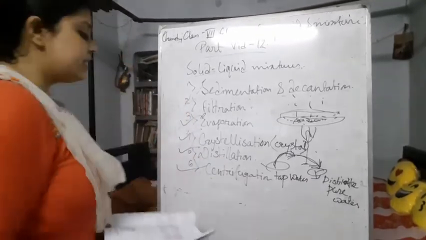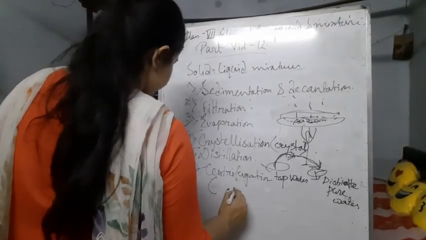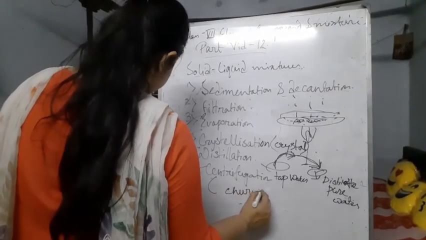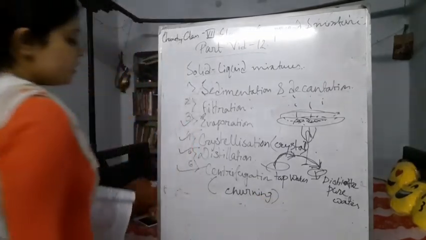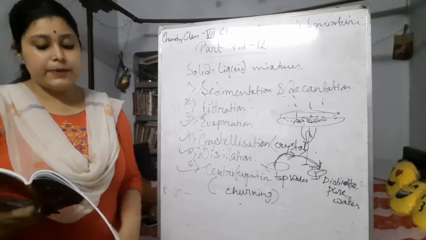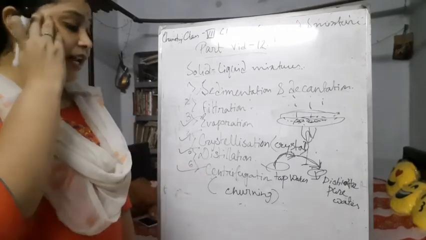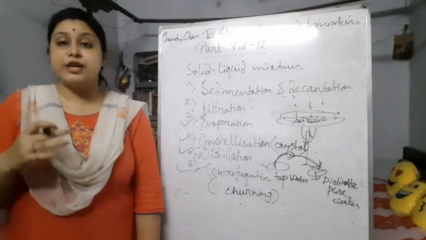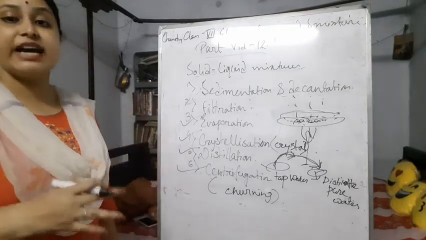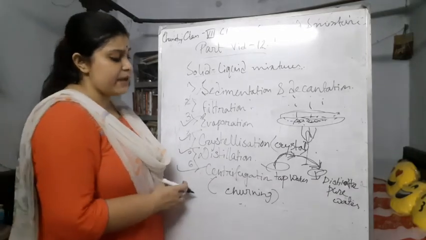So the other name of centrifugation is churning. This procedure is used to separate the components of a mixture which differ in density. When the particles of a mixture are different density-wise, only then can we centrifuge them and separate them out.